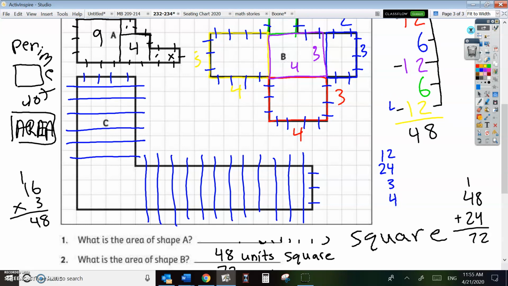And then I'll do this here. 1, 2, 3, 4, 5, 6, 7. And add that up. Okay, I know that 7 and 3 make 10. So that's 10. So now I have 12.